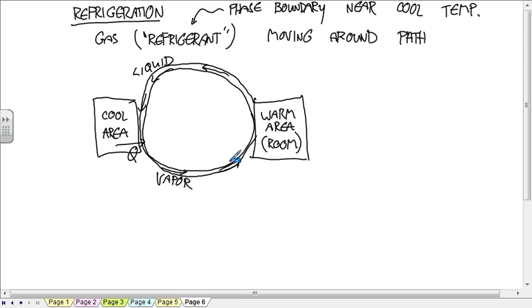That increases the temperature. Now that same gas drops heat off out in the room. So here you increase the pressure, and up here you decrease the pressure. It drops back down into a liquid that's again cooler than the cool area, and it goes around and around that way.